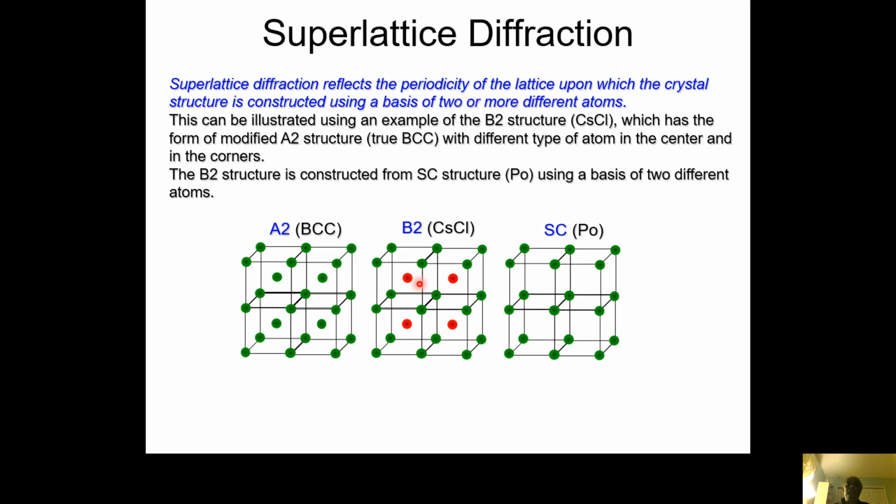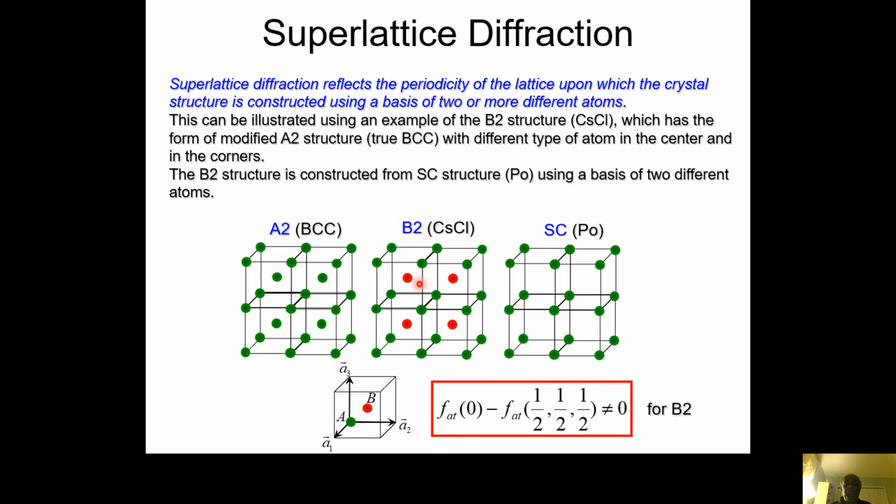That's the cesium chloride structure. If you take this unit cell, for this B2 cesium chloride structure, I can write my atomic form factors, one at 1, then the other one at half, right? So this is always non-zero.